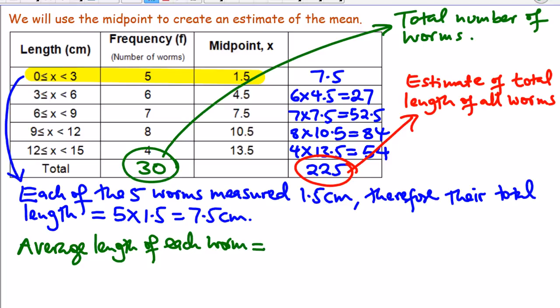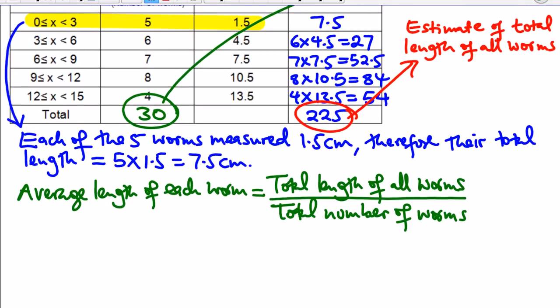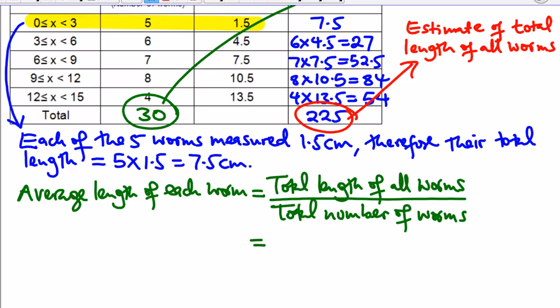That will be equal to the total length of all worms divided by the total number of worms. From the table, the total length of all worms is 225.